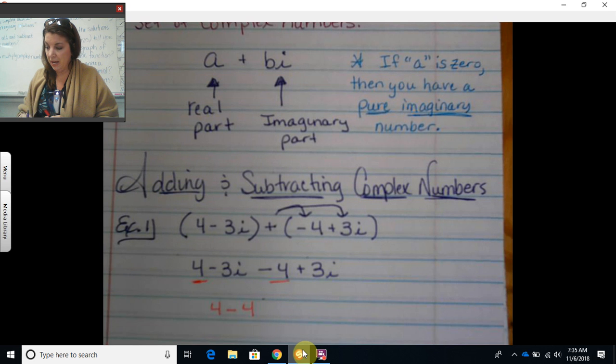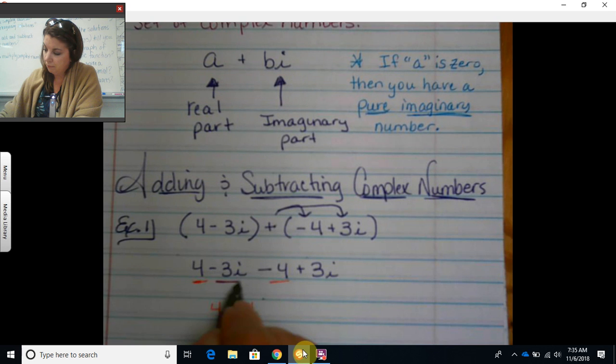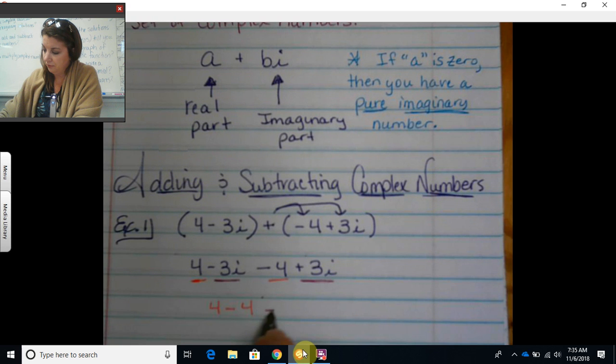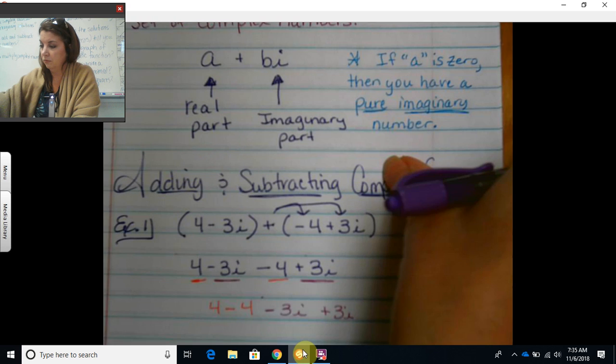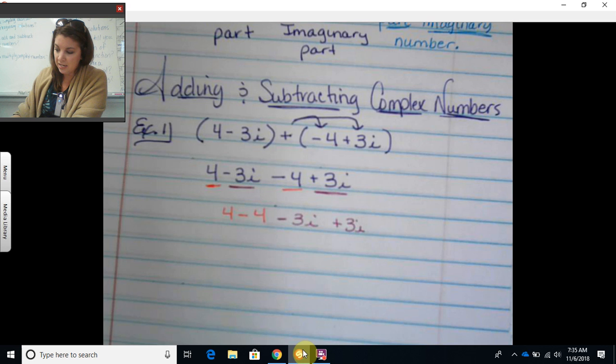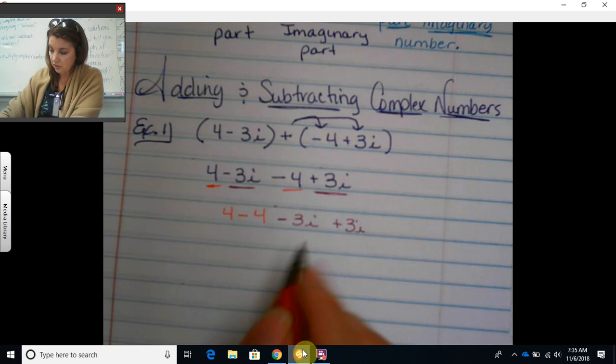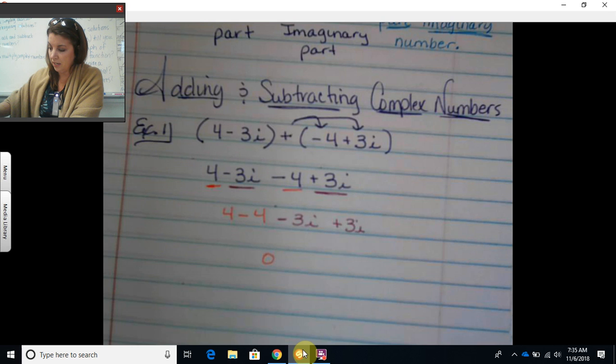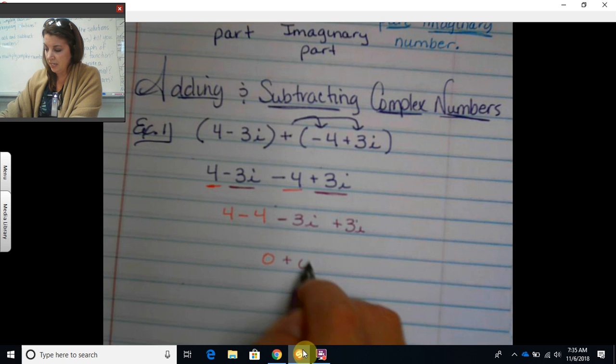And my imaginary parts, I've got a minus 3i and a positive 3i. So I haven't actually combined anything yet, I just wrote them together. So what's 4 minus 4? 0. What's negative 3i plus 3i? 0. What's my answer to this question?